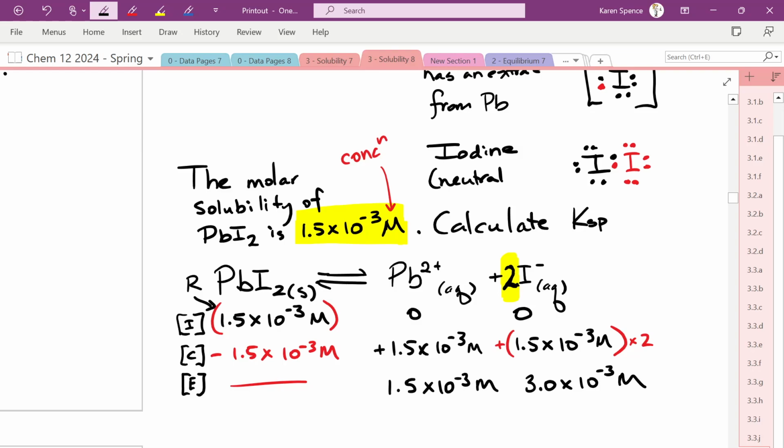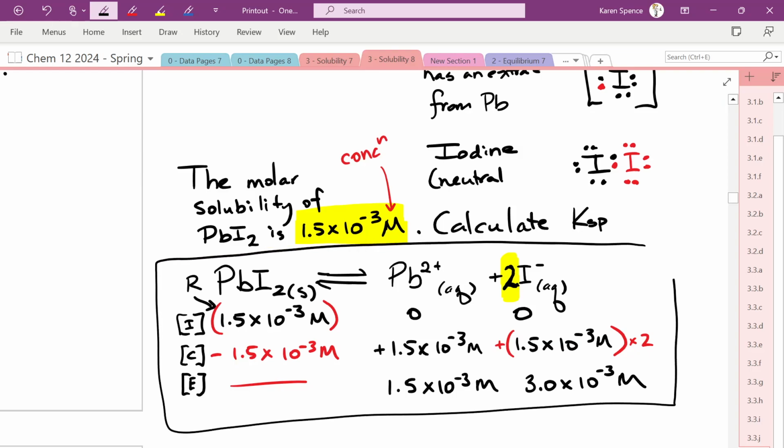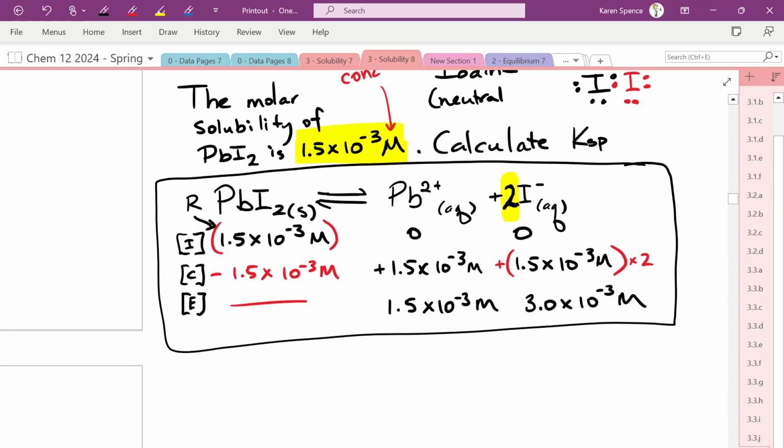Now, this seems like a lot of work for an ICE table where the solid doesn't actually work properly. So you can simplify this. We don't actually have to do all of this. We could just say, I know that I have 1.5 times 10 to the negative 3 molar lead iodide.